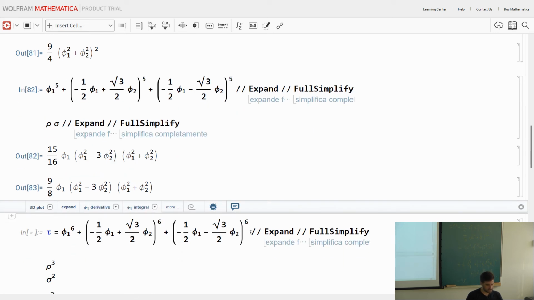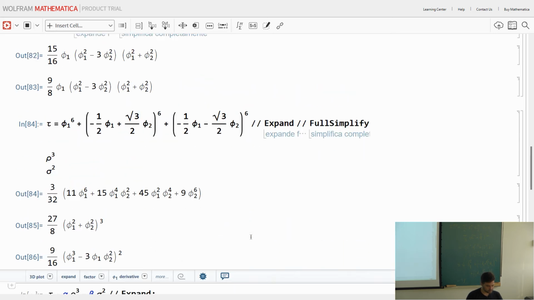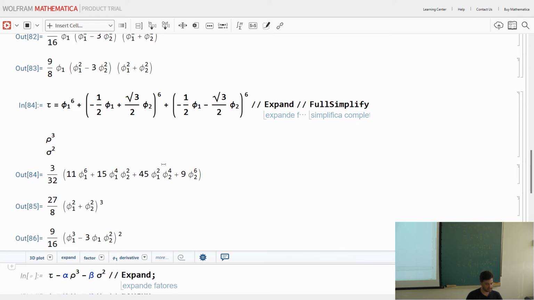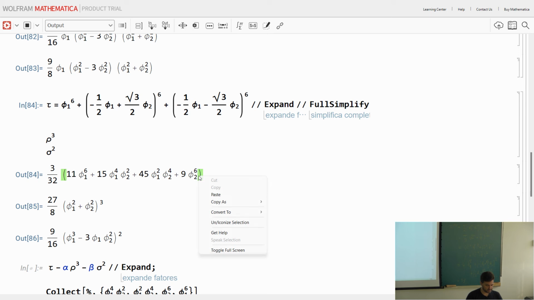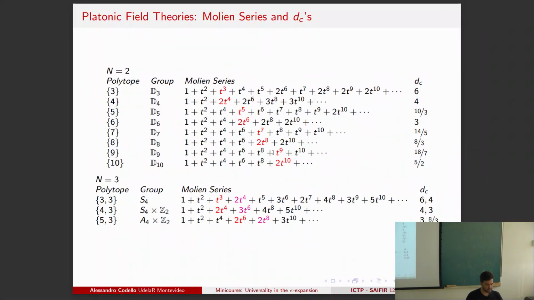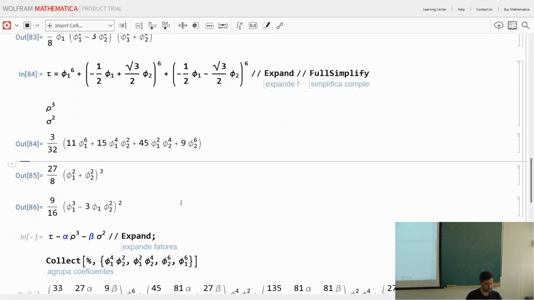And let's see now order 6. The order 6 is this expression, and it is more complicated. We know that at order 6 there are only two invariants, the square of this and the cube of this. But our invariants are defined geometrically, and at first sight it doesn't seem the same.